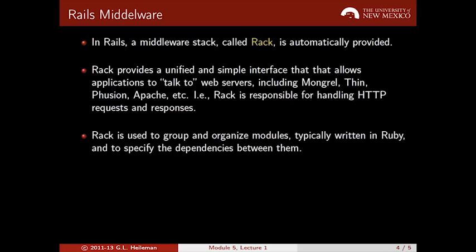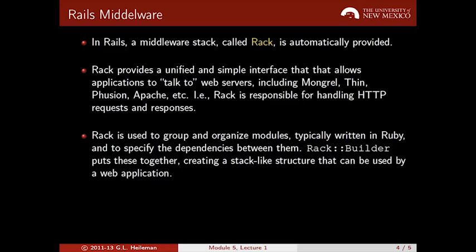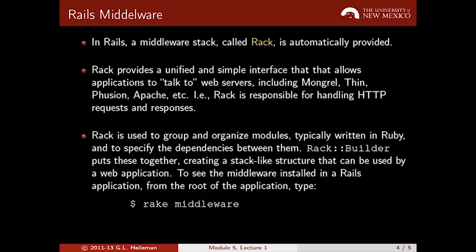Rack is organized to provide a stack of services in the middleware. And this stack of services is typically written in Ruby, and it pieces them together so that one level of this stack is able to talk to those middleware services that are above and below it.